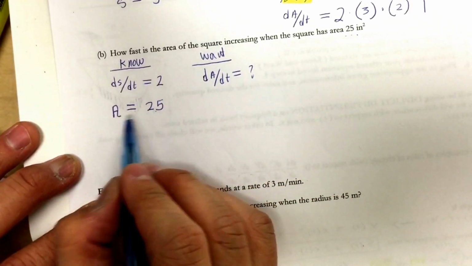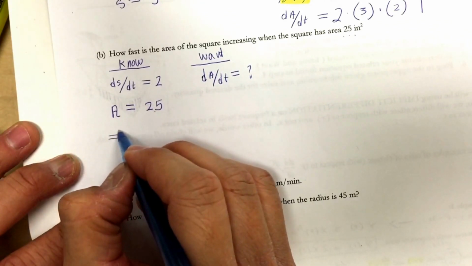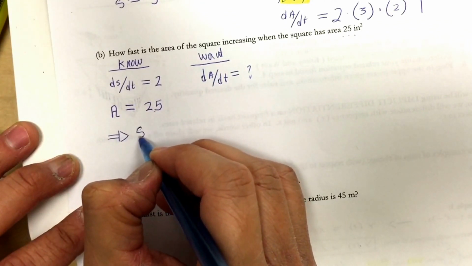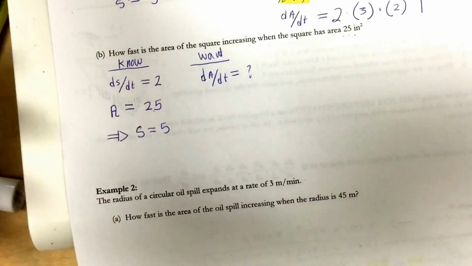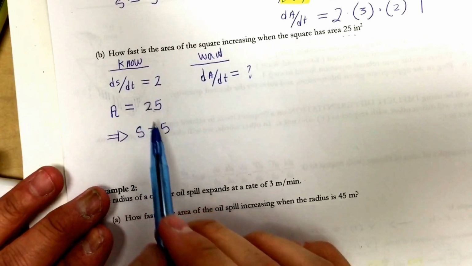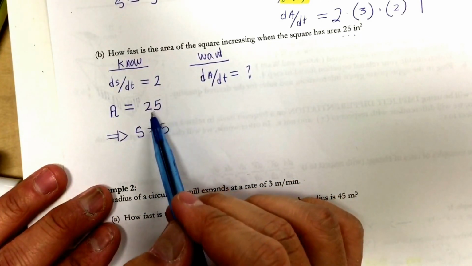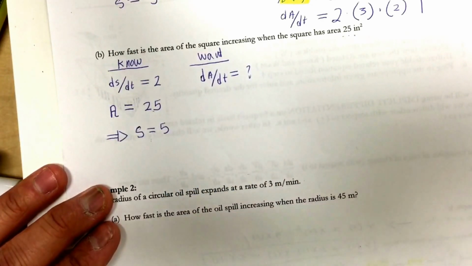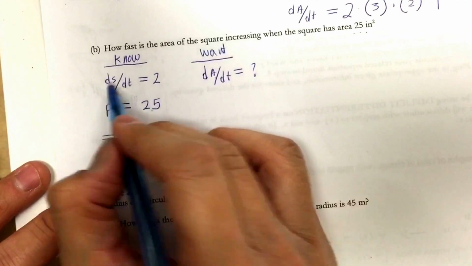Now, common sense will tell you that if area equals 25, then each side must be 5, right? Because that's how area of a square equals 25. So even though they did not specifically give us this information, we were able to extract that from the area, just using common sense. Now, how are the area and the side related?